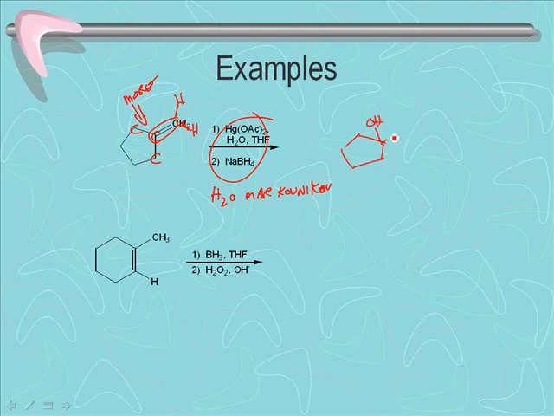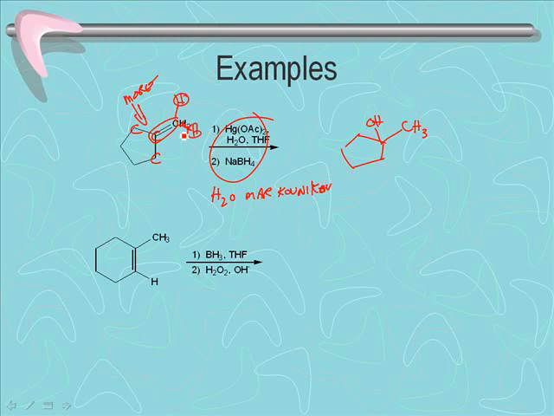OH ends up on the carbon of the alkene which is more substituted, and our hydrogen ends up on our less substituted carbon. Since there already were two hydrogens on that carbon, we'll add one more hydrogen to make that a CH3 group.